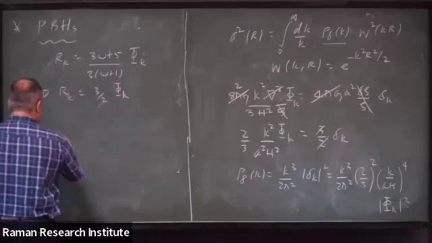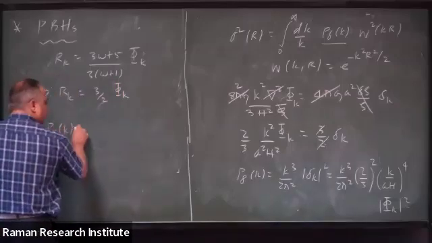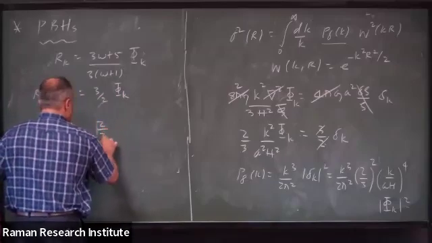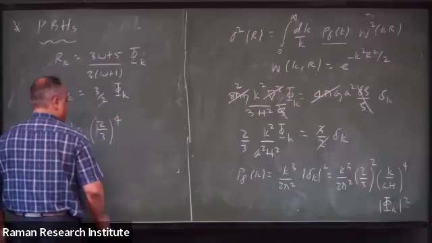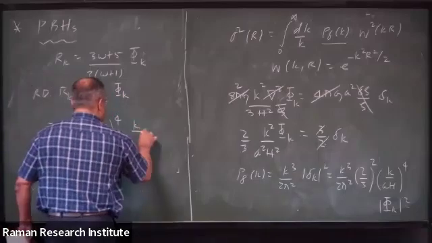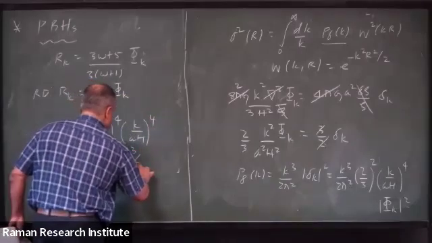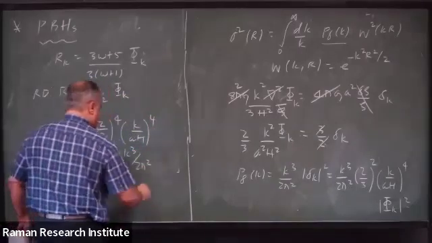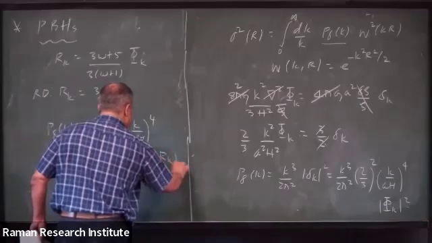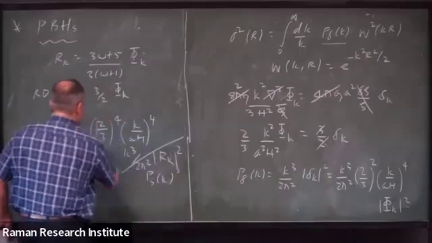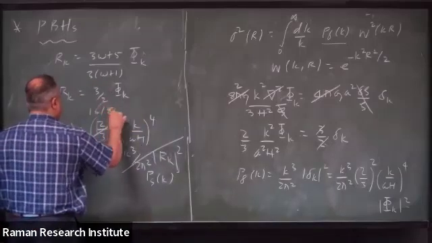So I have this relation, which you will see being used regularly. 2 by 3 whole to the power 4, then K by AH whole to the power 4, K cubed by 2 pi squared, mod R K squared, which is nothing but P_S of K. This is 16 by 81.